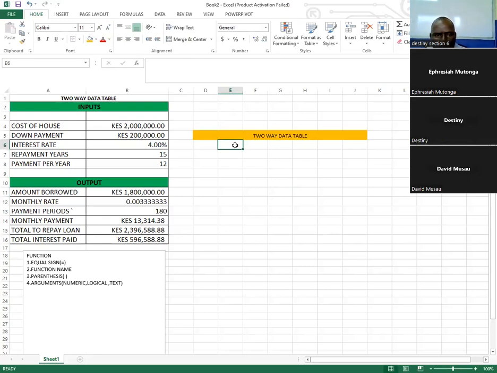With the two-way data table, what we should do here, one is that we start with the months, which is 15. So I have 15 there, and then from there I'll come here and then equal sign, 15 plus 1, that is 16, and then from there I can drag downwards like that.